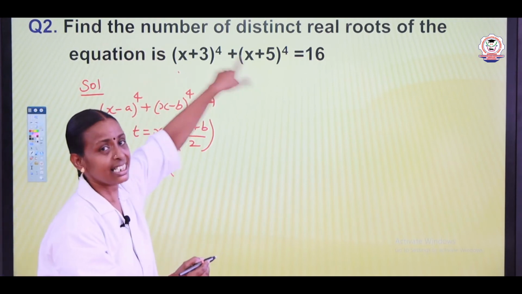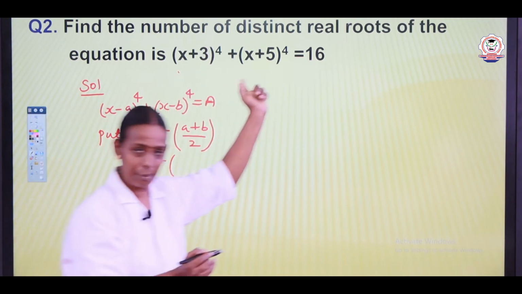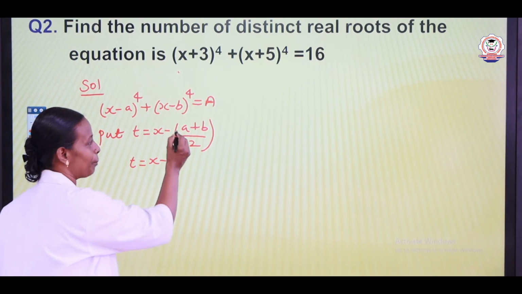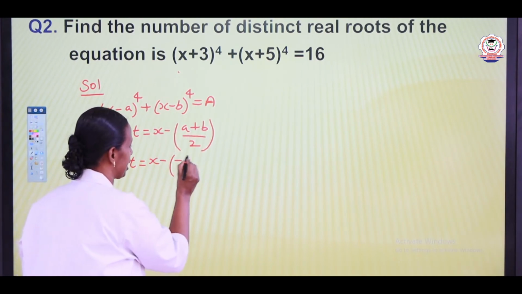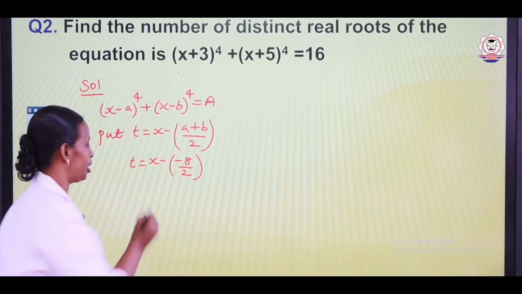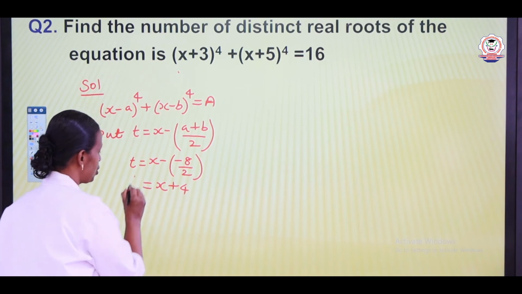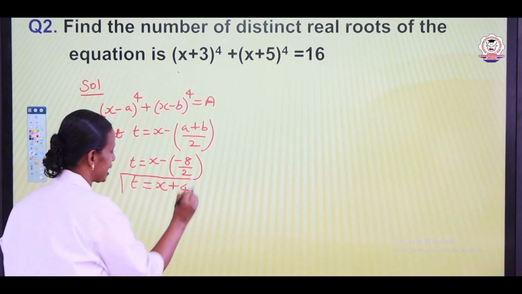This can be written as x minus of minus 5. So, a value is minus 3, b value is minus 5. So, minus 3 minus 5, that is minus 8, divided by 2, which is nothing but minus 4, equal to x plus 4. So, t value is x plus 4.